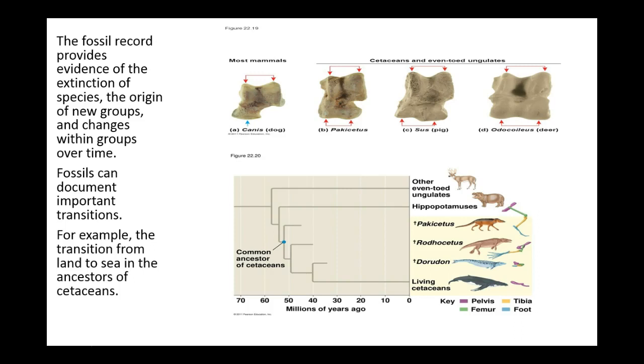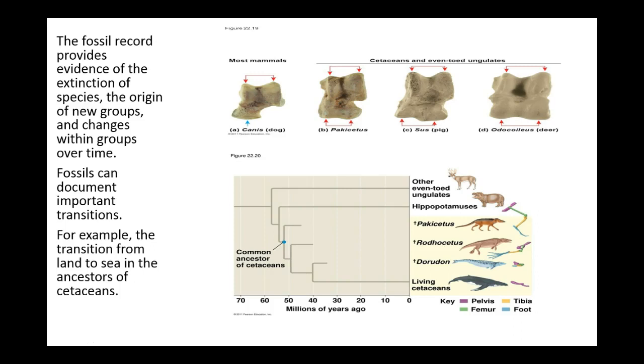At the top you have the end of the foot bone of a dog, which is a meat eater, compared to these even-toed ungulates like a pig and a deer that are herbivores, or not meat eaters. But you see very strong similarities between an animal that's very much a meat eater and an animal that's not a meat eater.